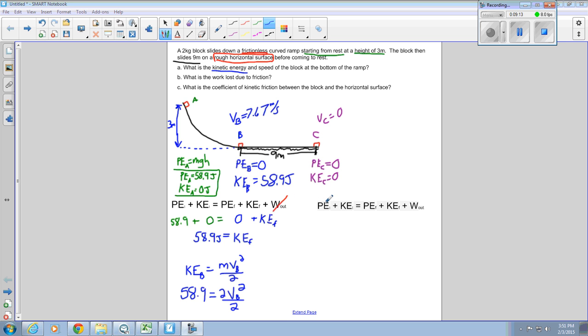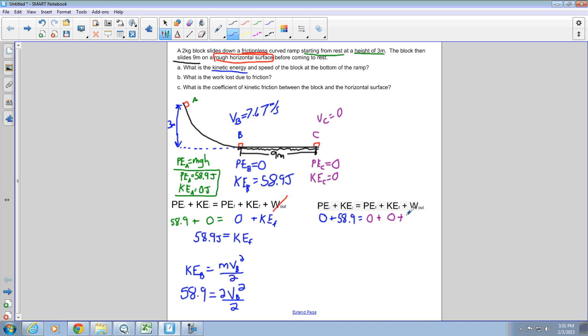So from B to C, B is going to be our initial, C is going to be our final. So initial potential energy is 0, plus initial kinetic energy is 58.9, and that's equal to our final potential energy, that's 0. Our final kinetic energy, that's 0.